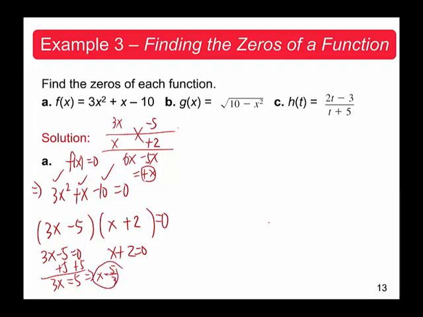Second one, subtract 2 from both sides of the equation, x equal -2. So basically we have two x-intercepts for the first function, 2 zeros. First one is (5/3, 0). Second one is (-2, 0). That's for the first function.